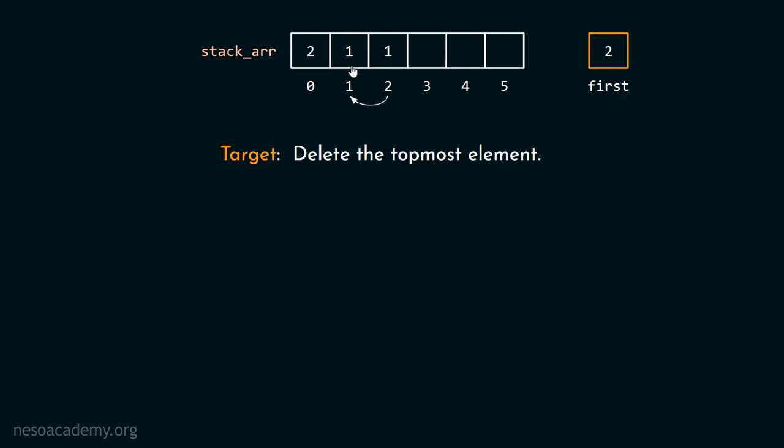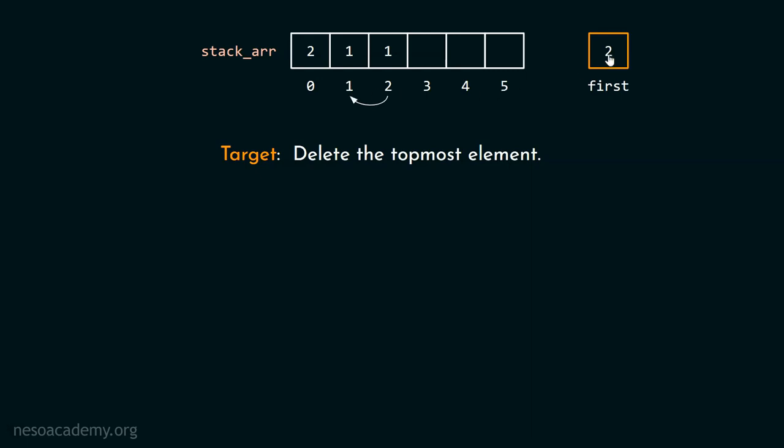After this, you can see that we have redundant values, right? Here we have 1 written twice. Obviously we can't delete this element, right? We actually have to delete this element or at least avoid this element. Here you can see that the first variable is keeping track of the first inserted element. Right now you can see that the first inserted element is shifted. This means that the new position of the first inserted element is index 1.